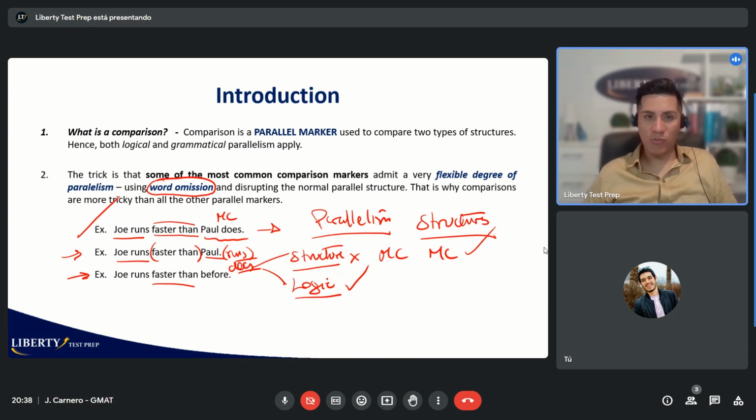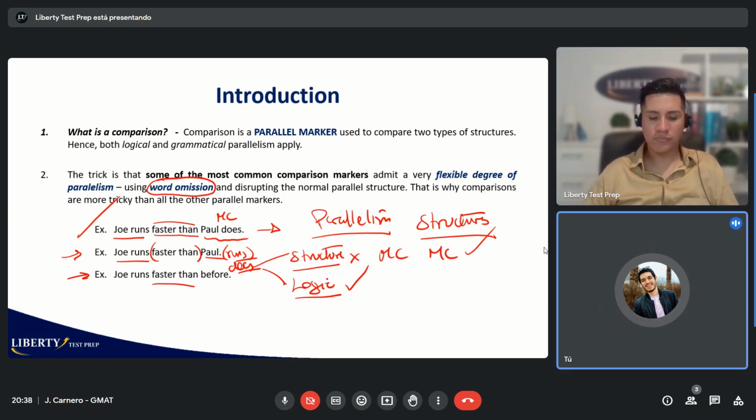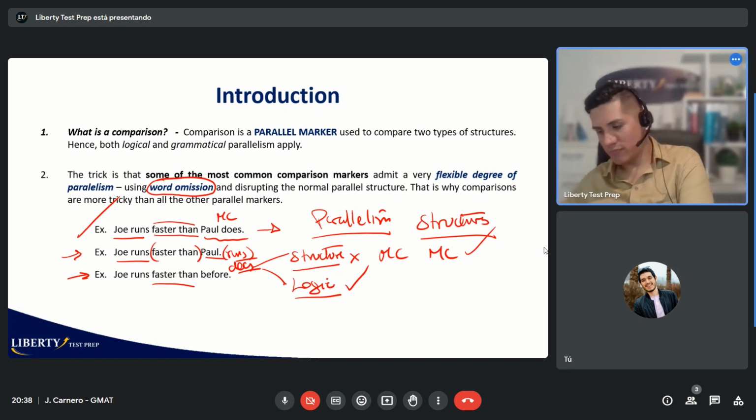We have to find some words that they have omitted, that if we insert them, would make the whole thing correct. Okay, so let's see. What words are we missing that would make that whole thing correct? A main clause. Well, what main clause?